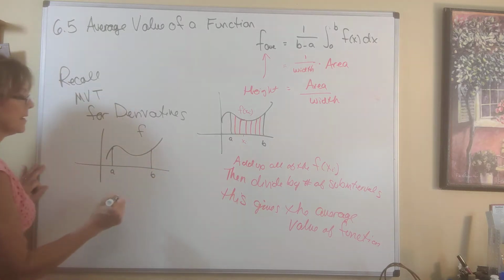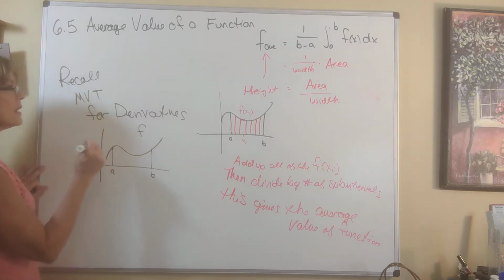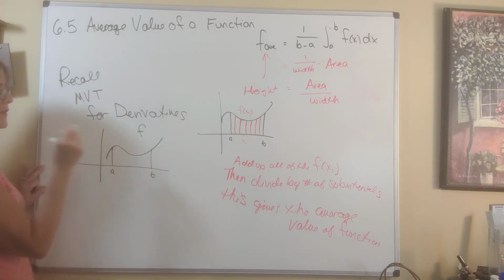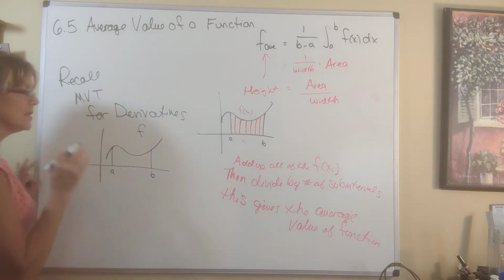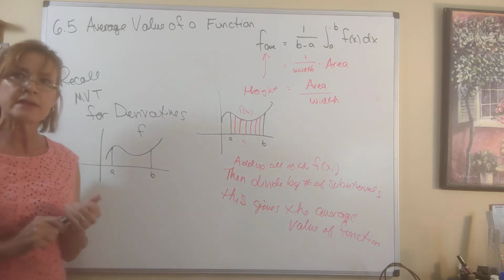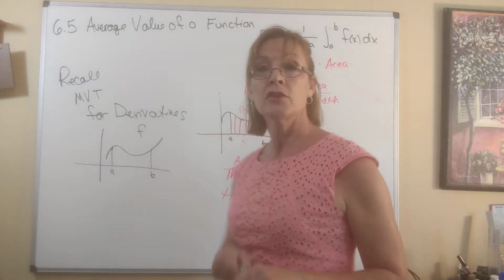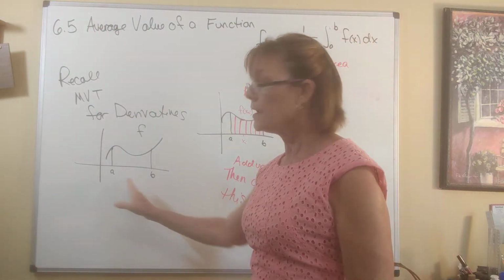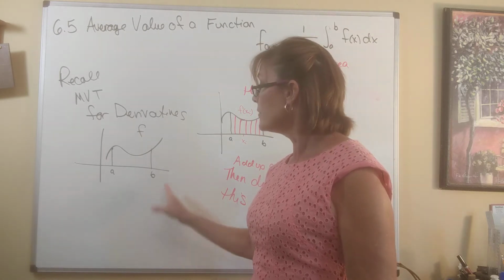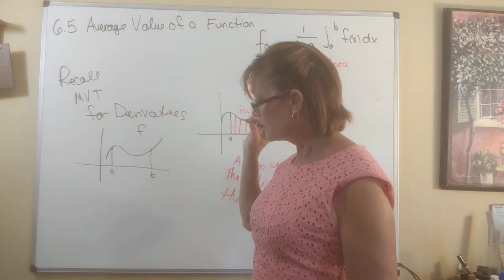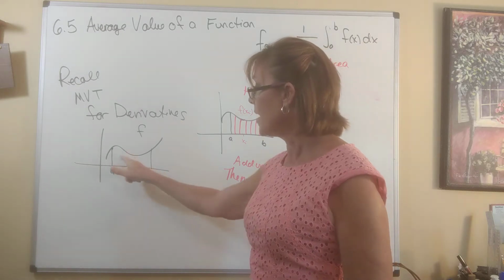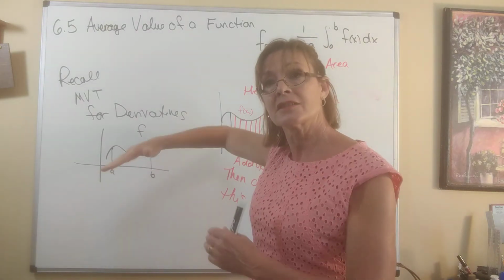Okay, what does this mean? Well, the mean value theorem for derivatives said, if you have this situation, then you are guaranteed that you can find some value c in between a and b where the slope of the tangent line there equals the slope of the secant line from a to b, basically the average slope.